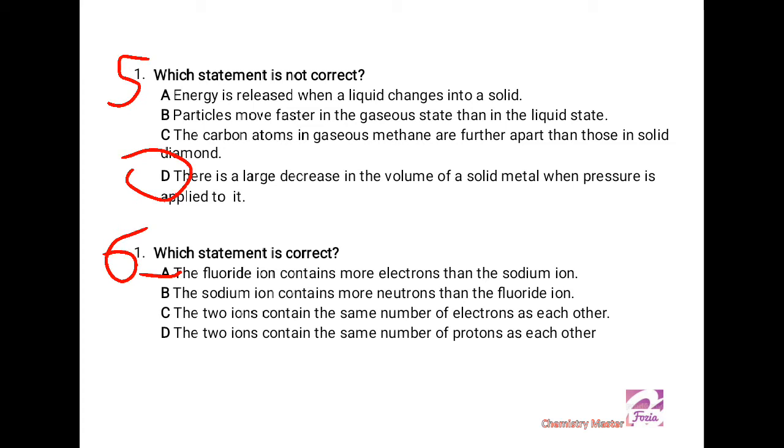Then, the sodium ion contains more neutrons than a fluoride ion. Again, it's a wrong one. The two ions contain the same number of electrons. No. When we see D, the two ions contain the same number of protons.